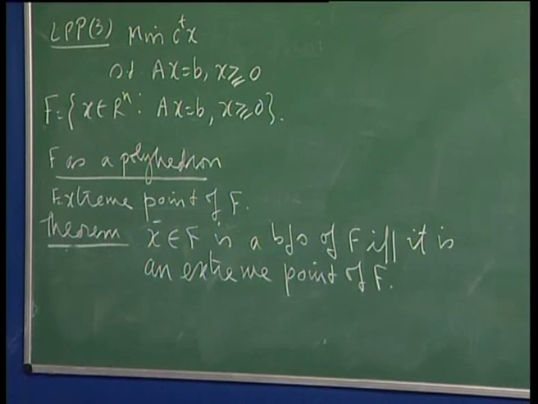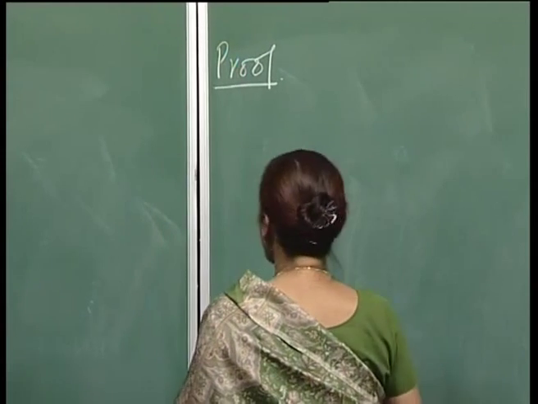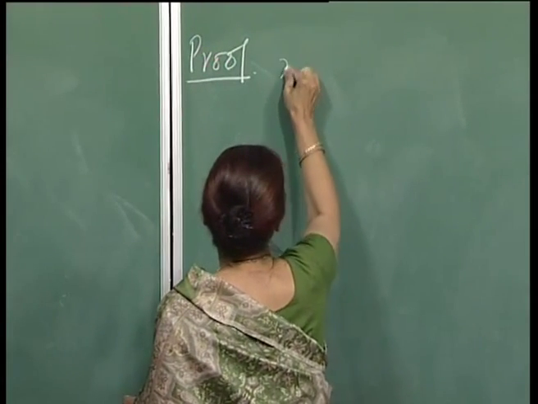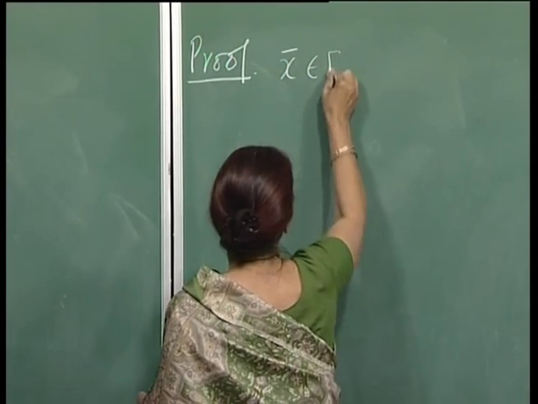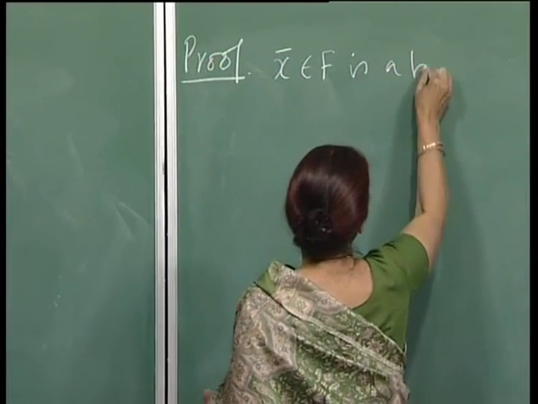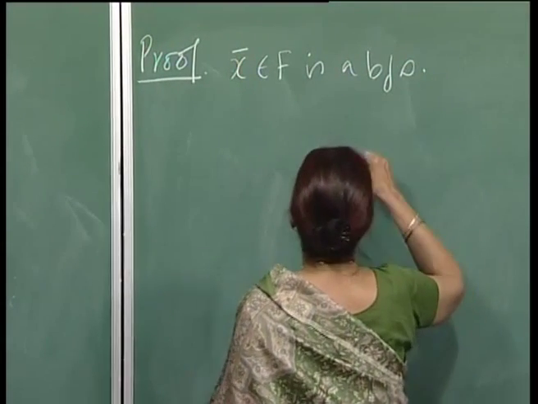Let us start proving the theorem. I will of course take the definitions. So, if you look at the proof, consider x bar belonging to F to be a basic feasible solution.